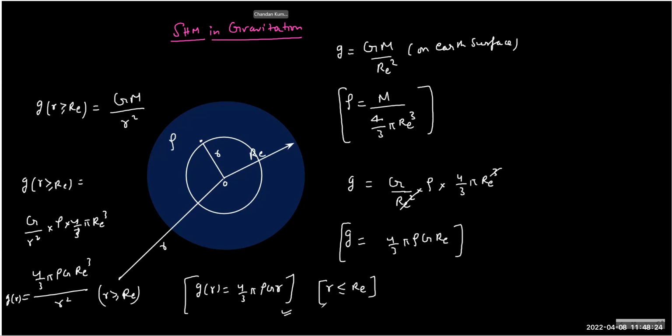All right. So let's say I believe that you understand the formula of g at a distance r, and what next? Let's say inside the Earth you dig a tunnel.